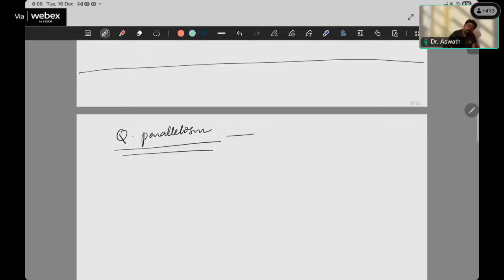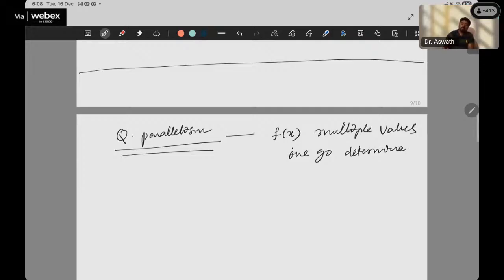It allows you to find multiple function values in one go. You can determine multiple values. That is quantum parallelism for you.